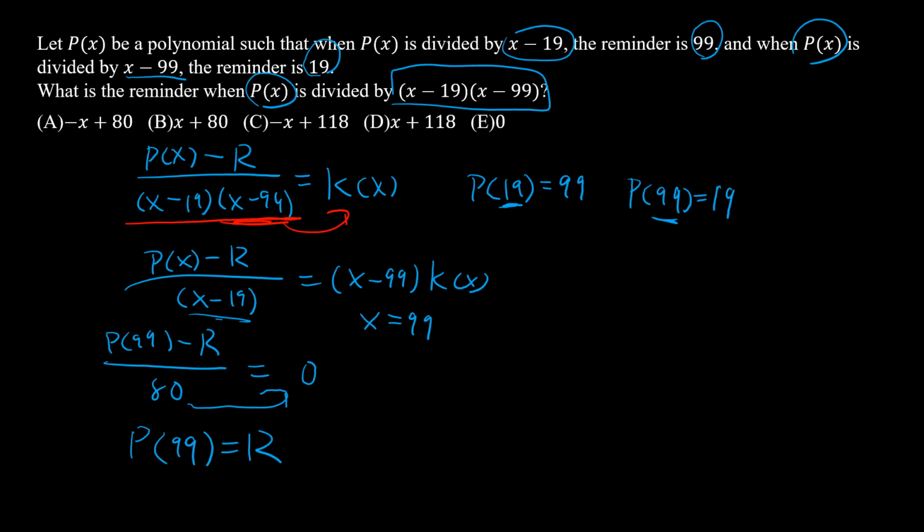So when we got here, what we see is we got P(99) and the remainder when x equals 99, right? We know P(99) is 19, so when x equals 99, the remainder is 19.